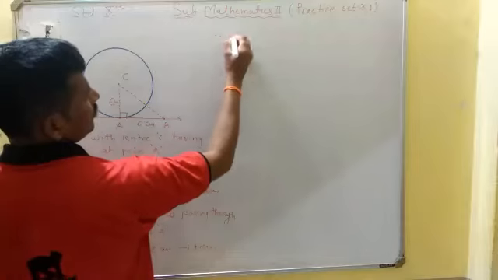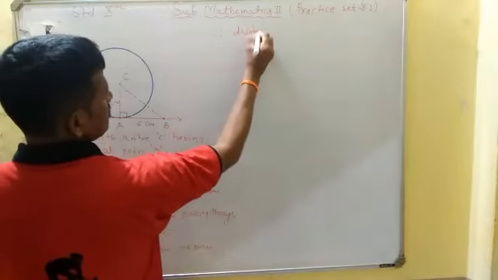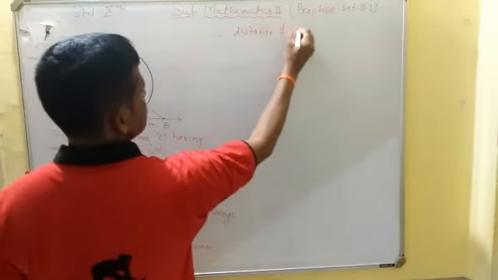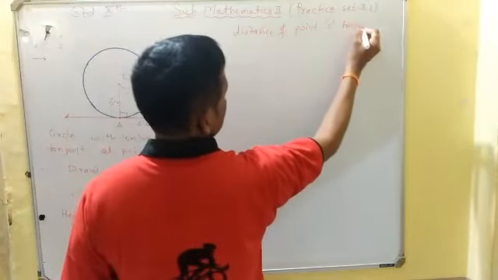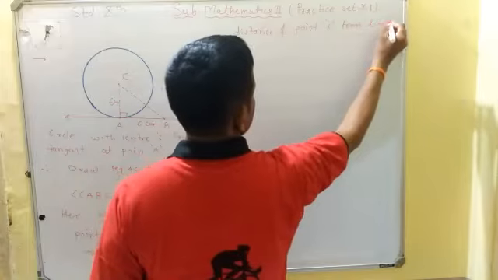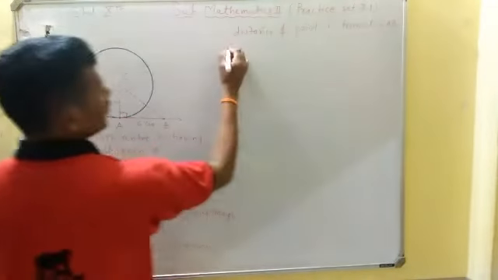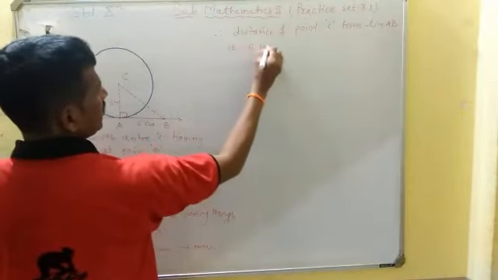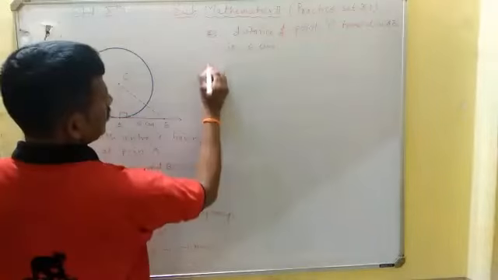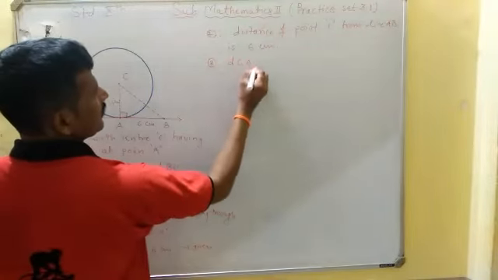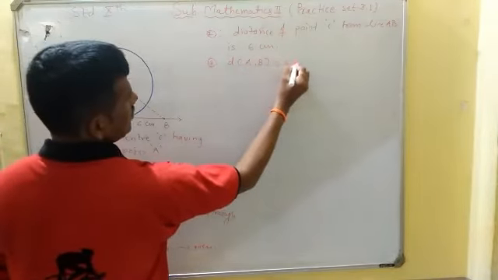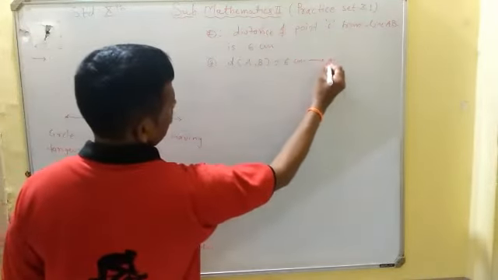Therefore, the distance of point C from line AB is 6 centimeter.